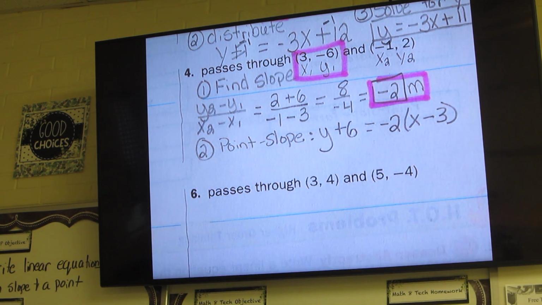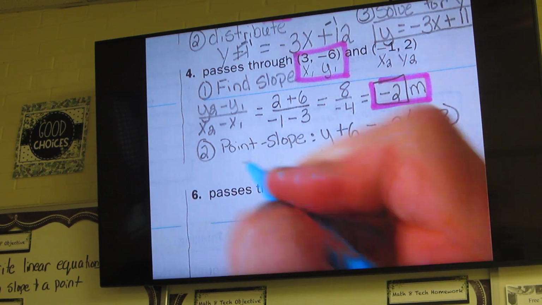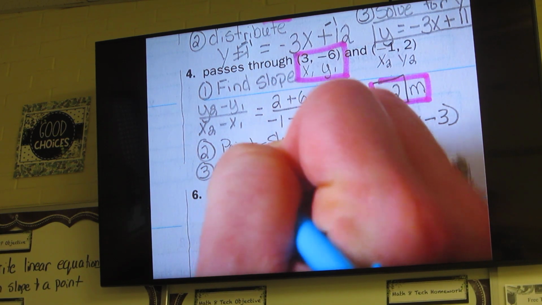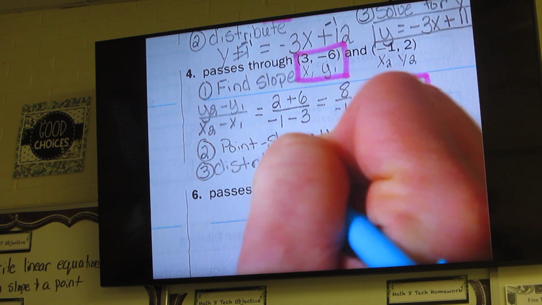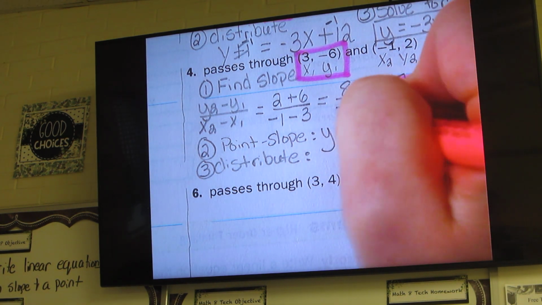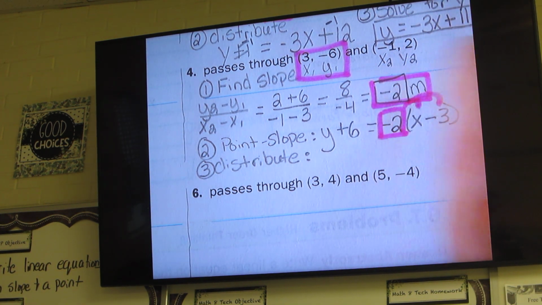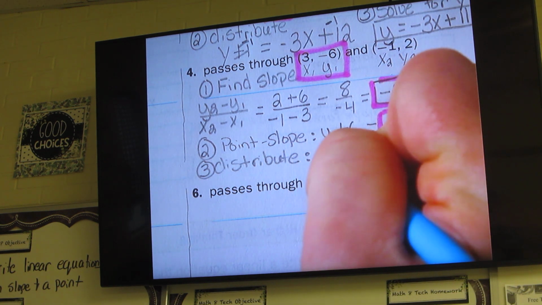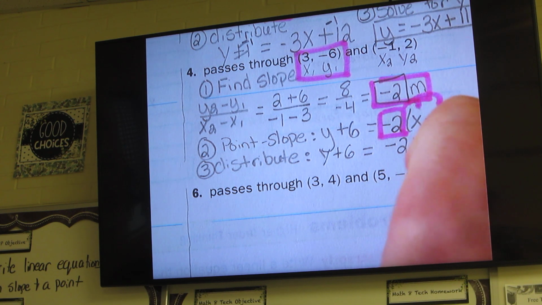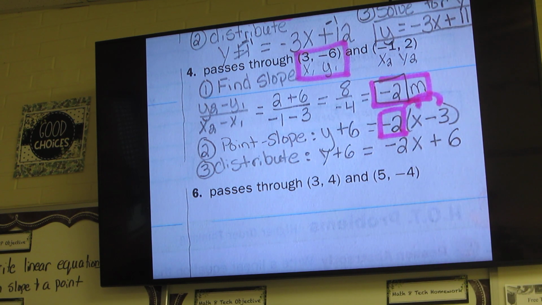So there's my point slope. Now to get it into slope intercept, I distribute next. Alright, so I take this negative 2 that's out front, and I distribute it in, leaving my y plus 6 alone, which gives me negative 2x plus 6, because negative 2 and negative 3.